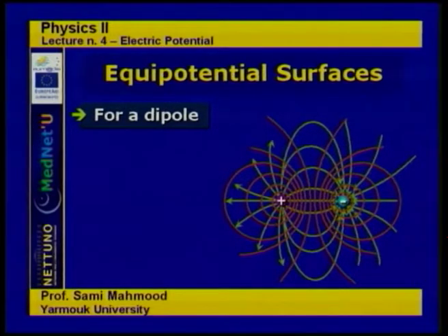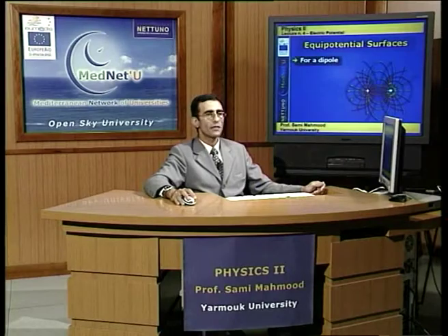So constructing these surfaces gives us the shape of the equipotential surfaces, which are normal to the electric field lines. That is for the dipole.